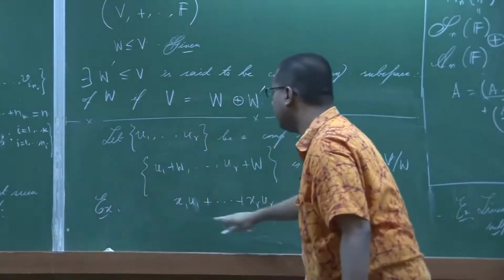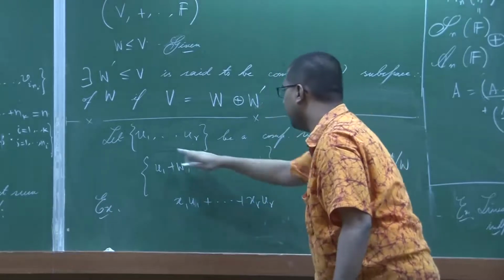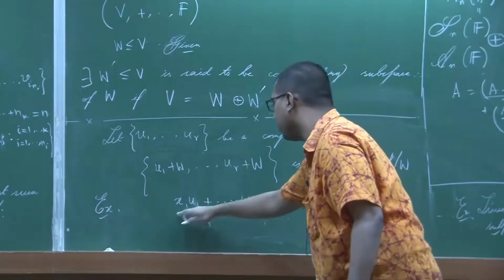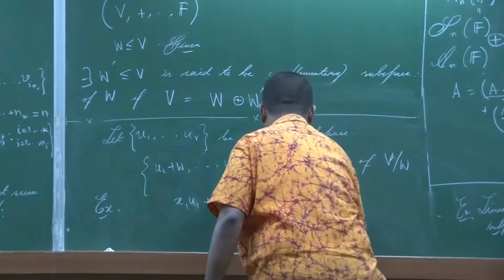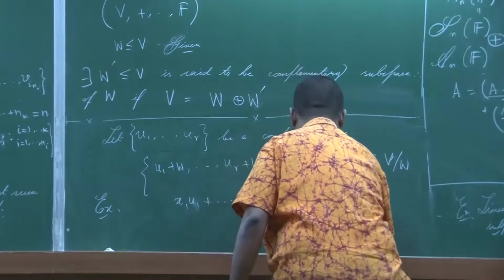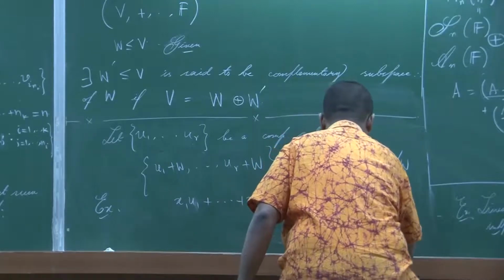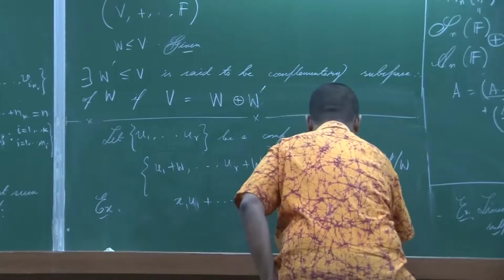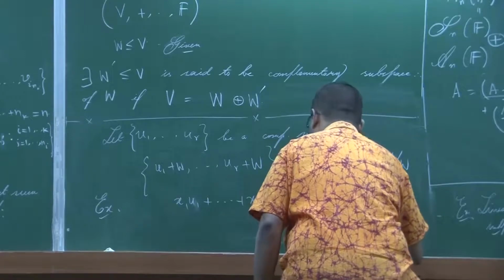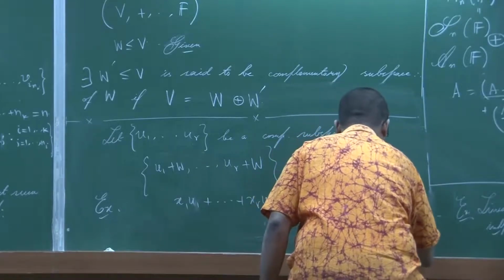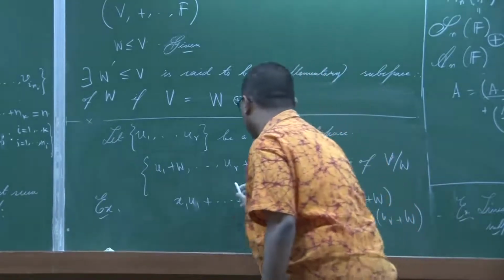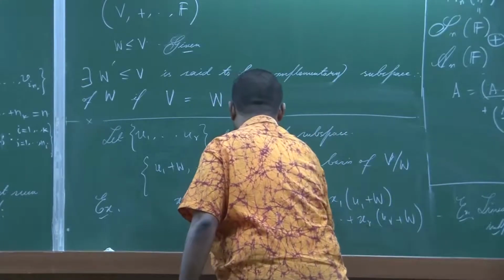This representation is unique, because u1 up to ur is a basis of W prime. So, the scalars are unique. If I send this to x1 u1 plus W plus and so on plus xr ur plus W, this is a map from W prime to V mod W.